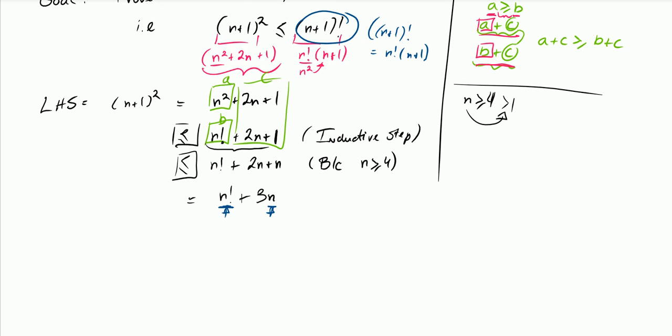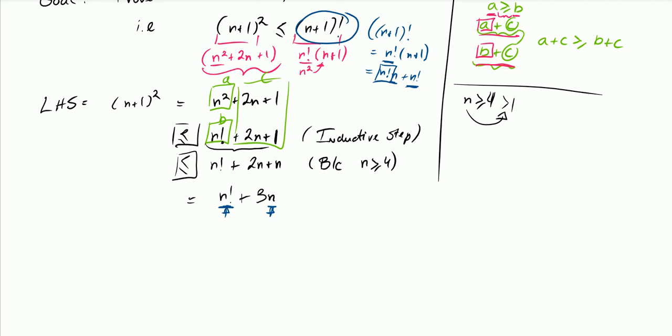I'm searching for a way to use this as a common term. Because if I re-multiply that, I'll have n factorial times n plus n factorial. So n factorial I already have. I have an n. The only thing I'm missing is another n factorial.